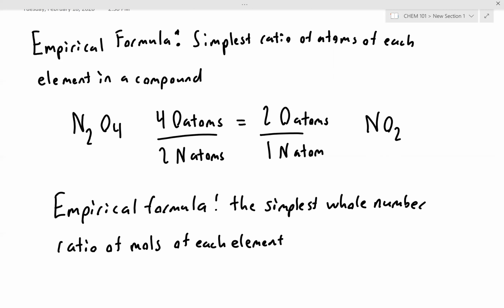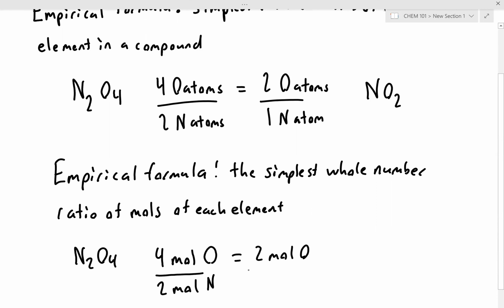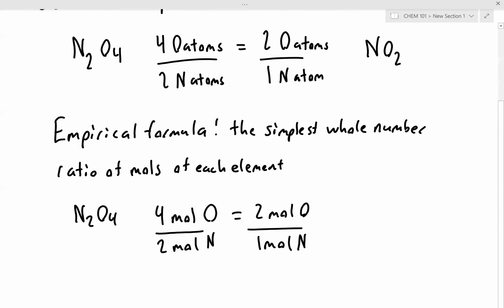So for example, if we were looking at N2O4, we would expect to see 4 moles of oxygen per every 2 moles of nitrogen, and that would simplify to 2 moles of oxygen per every 1 mole of nitrogen. And that would give us the empirical formula of NO2.